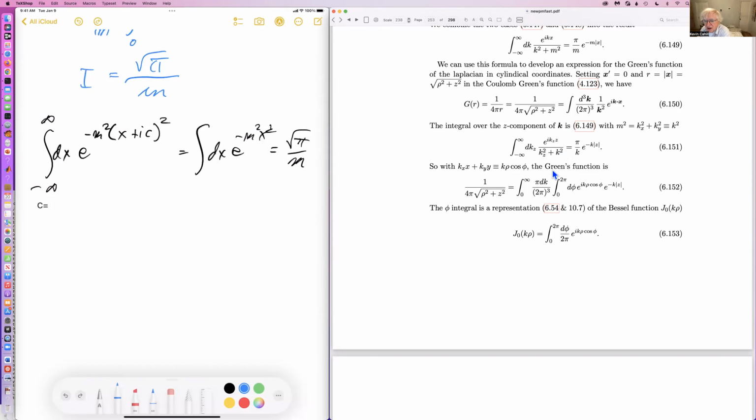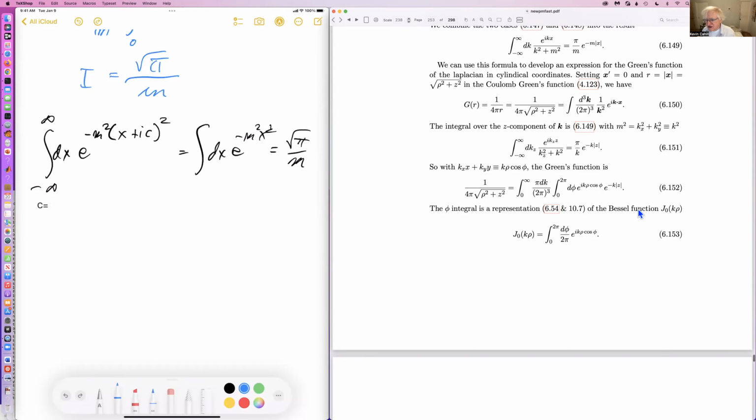And that then turns into this, and we then have here an integral dk, which is severely damped, and a phi integral.